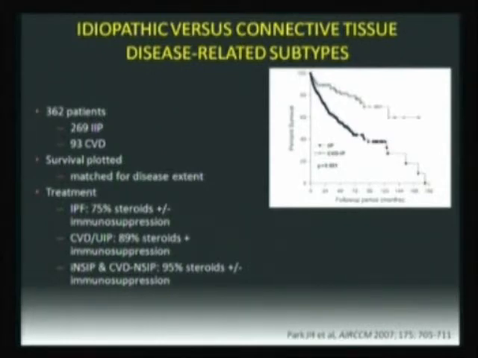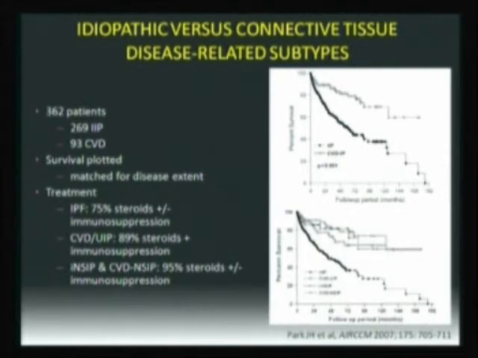So this is idiopathic versus connective tissue disease related subtype, and you see that they are completely different in terms of survival. Anytime there is a connective tissue disease underlying your ILD, even in the absence of treatment, the prognosis will be better than in patients with idiopathic pulmonary fibrosis.